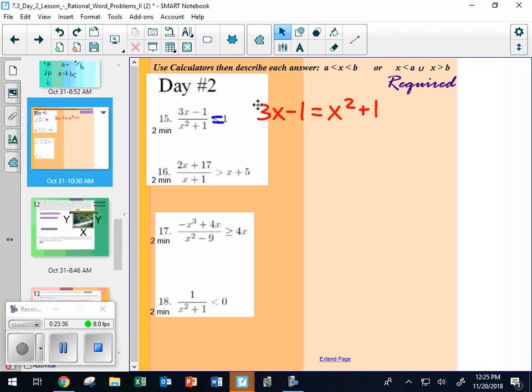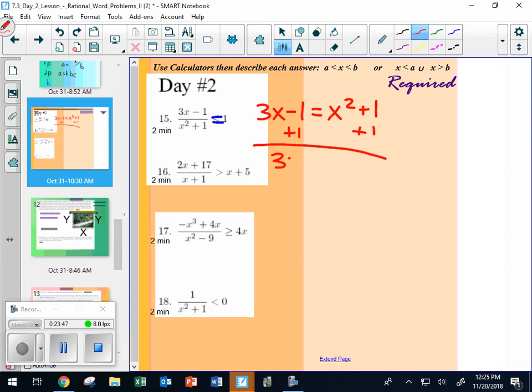Row 4, person 4. Zach, could you tell me what your next step was in solving this? All right, we are adding 1. So we are left with 3x is equal to x squared plus 2. Would you like to call on someone? Row 2, person 2.